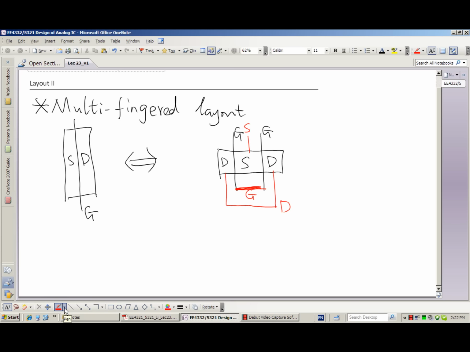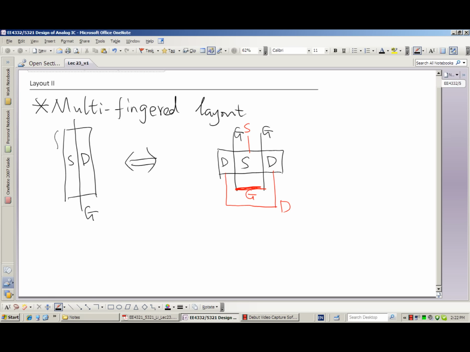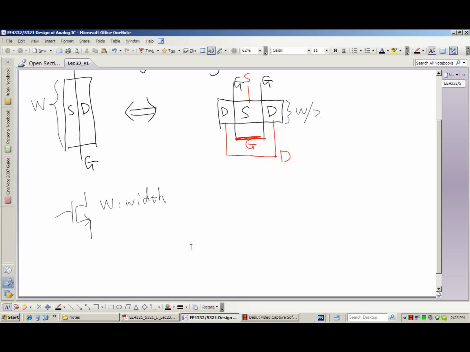Before that, let me label the width of the transistor. This is the original width, W, and now the new width is W over 2. And on the schematic, originally we have this transistor with W as the width.